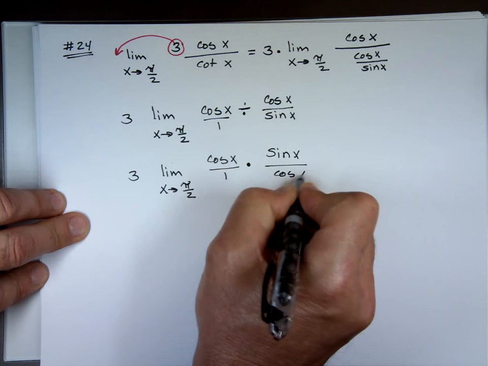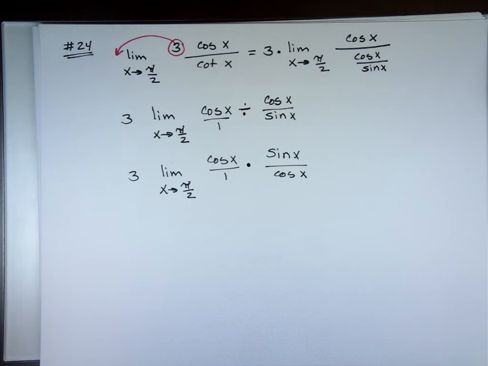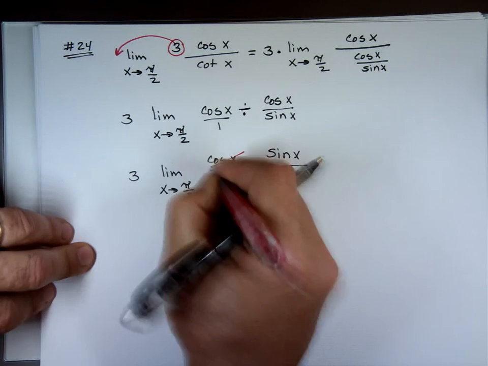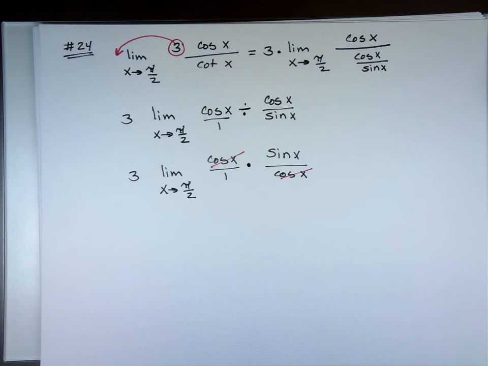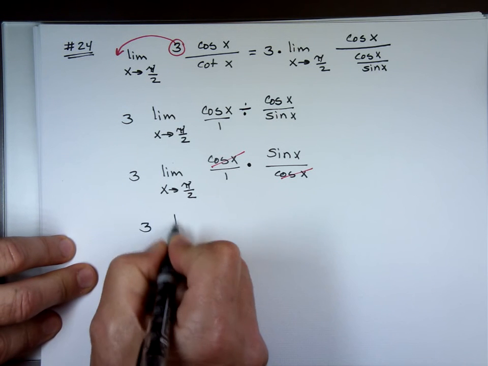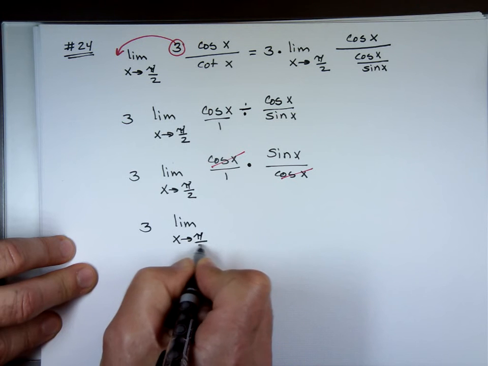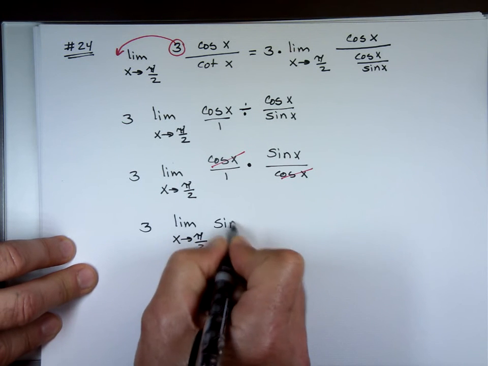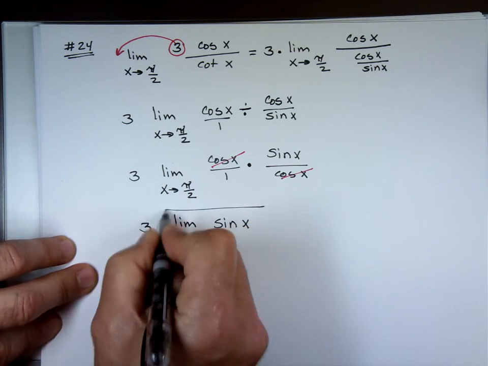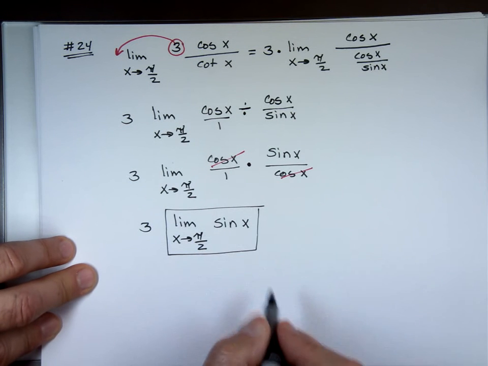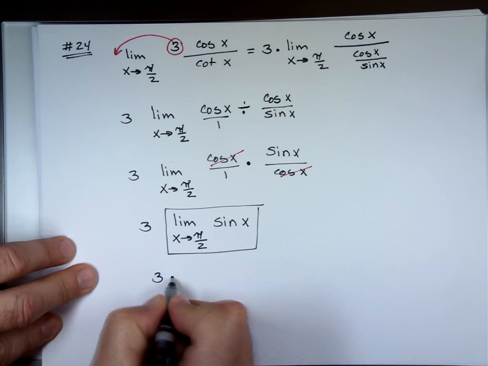And what do you know? These two cancel each other out. And you end up with 3 times the limit as x approaches pi over 2 of sine of x. And now you try direct substitution for this. So it's 3 times sine pi over 2.